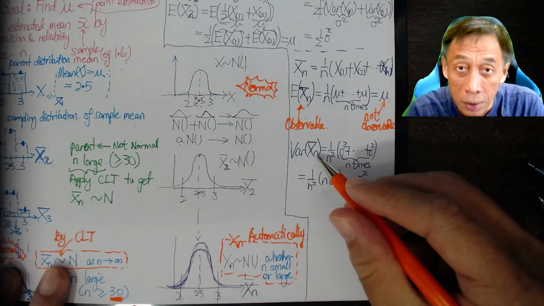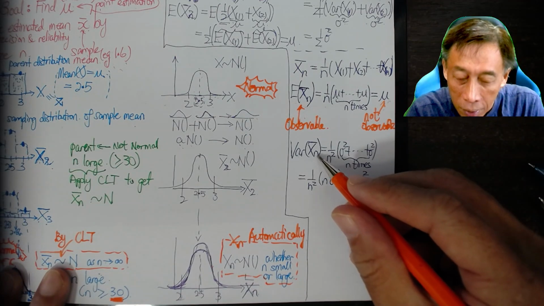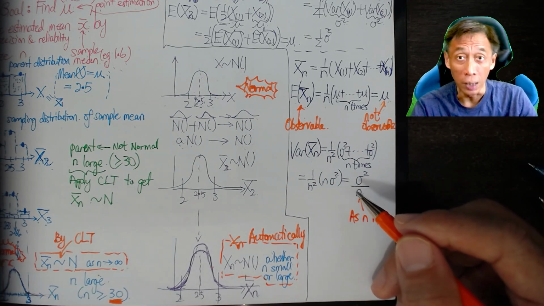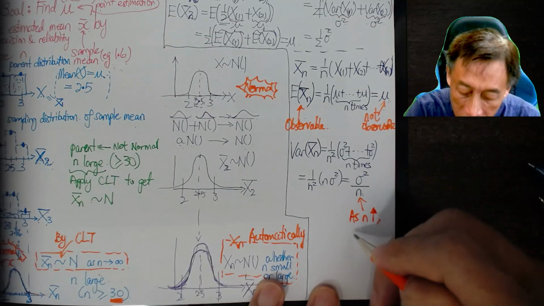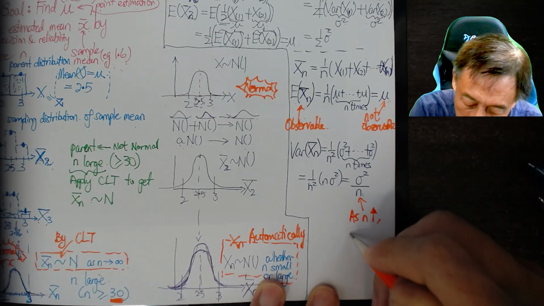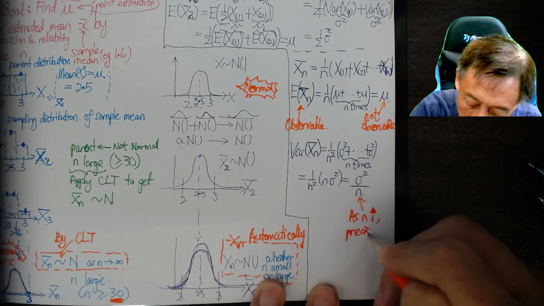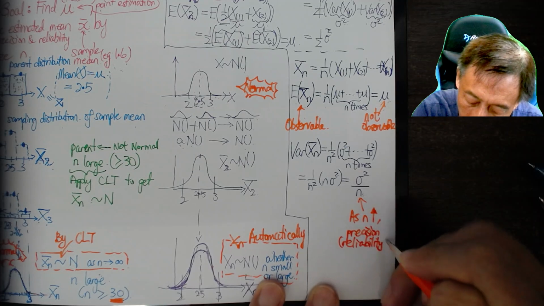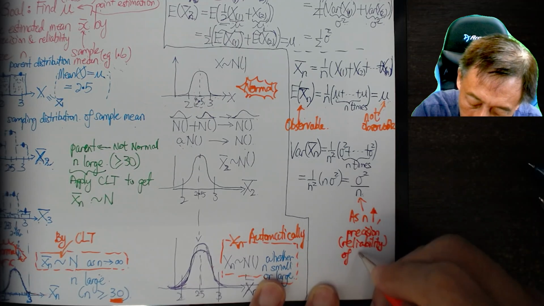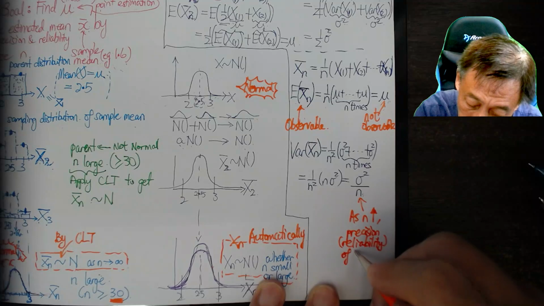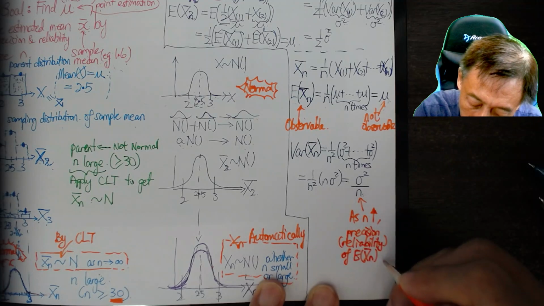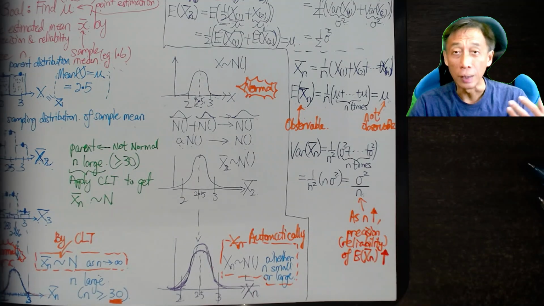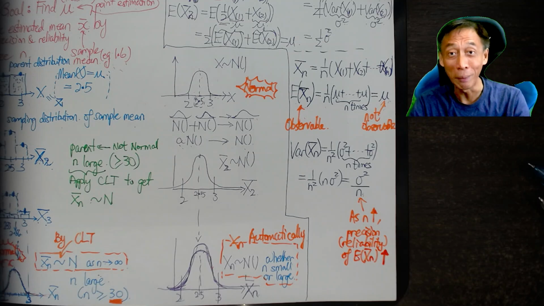The variance of the xn bar becomes smaller and smaller, which is a good thing, because it means that the precision or reliability of the estimate increases.